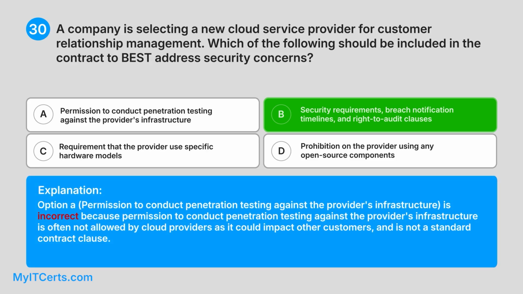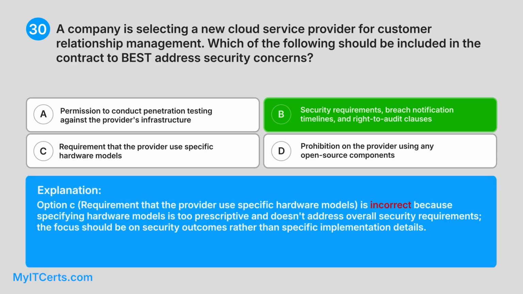Option A, permission to conduct penetration testing against the provider's infrastructure, is incorrect because it is often not allowed by cloud providers as it could impact other customers and is not a standard contract clause. Option C, requirement that the provider use specific hardware models, is incorrect because specifying hardware models is too prescriptive and doesn't address overall security requirements.